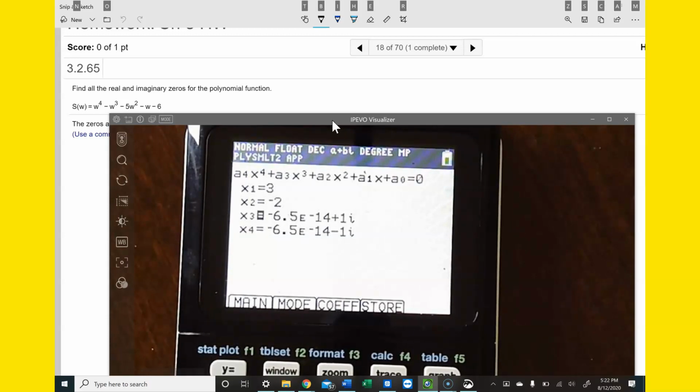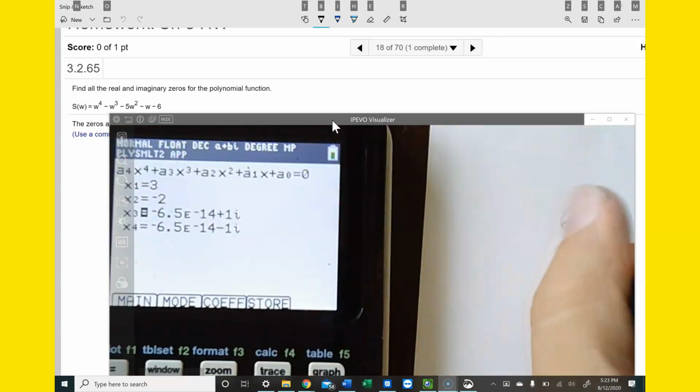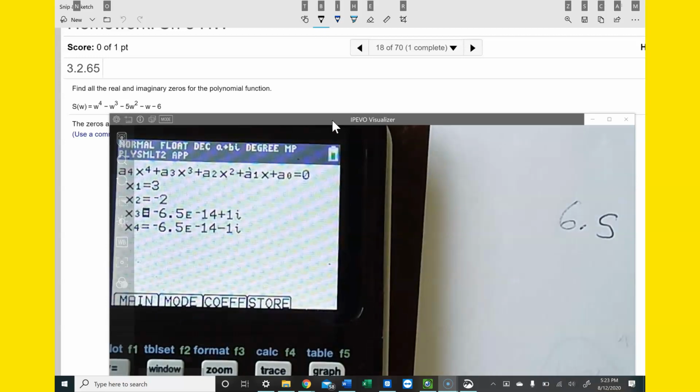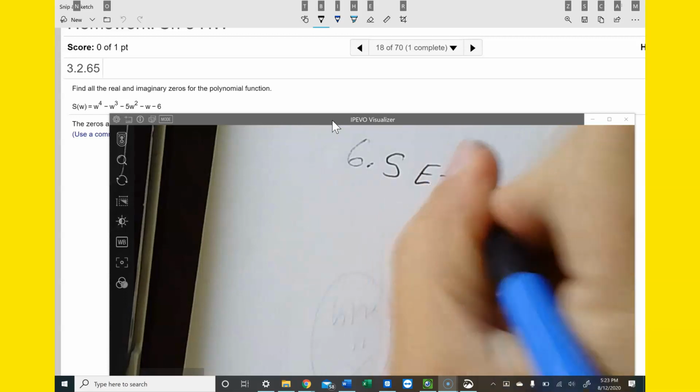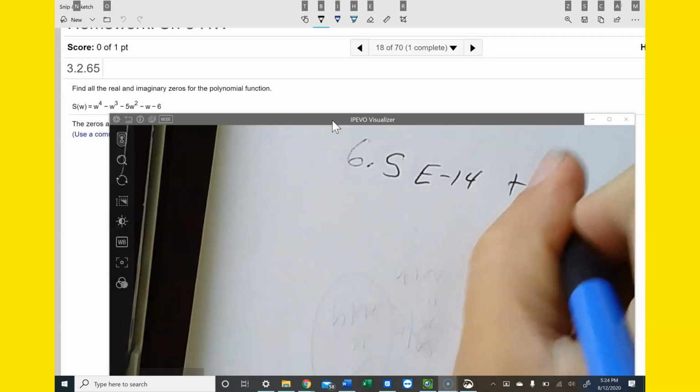Now, let me tell you, this is a strange way that the calculator does these answers. 6.5 e -14 plus 1i. What does that mean?